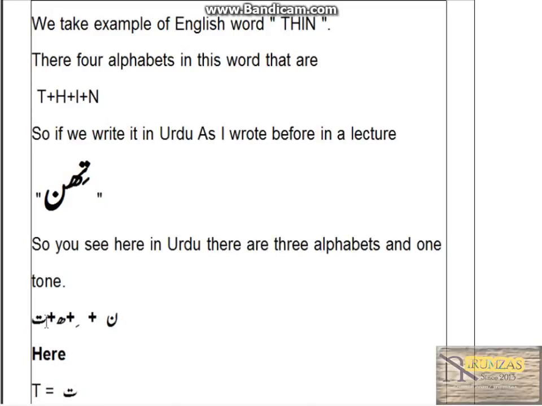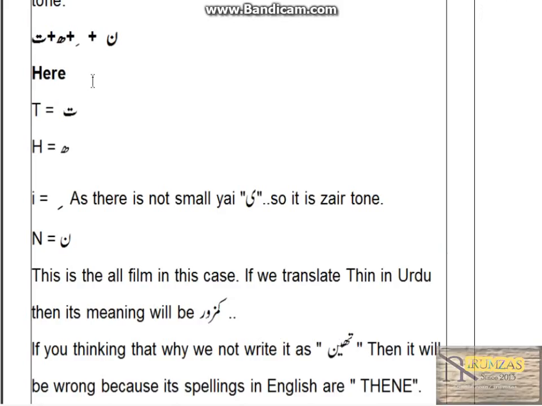That are te, he, zer tone and noon. This is zer tone. Here T is equal to te, H is equal to he, I is equal to zer tone, as there is no small ye, so it is zer tone, and N is equal to noon.